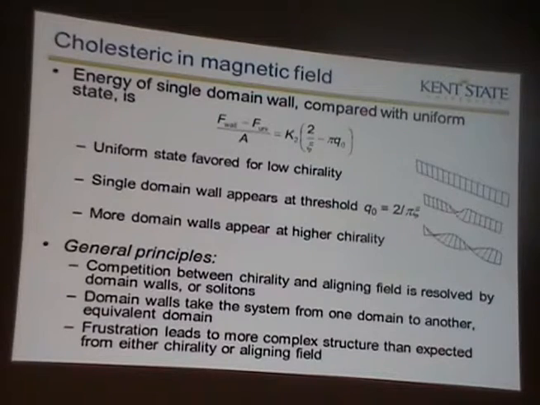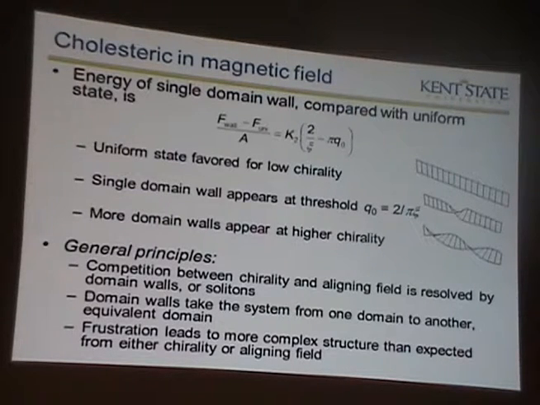Okay, so the general principles to draw from these mini examples. One, the competition between chirality and the aligned field is resolved by the domain walls or solitons. The domain walls take the system from one domain to another equivalent domain. That's like what Mark Boak was talking about when he lectured about domain walls, right?